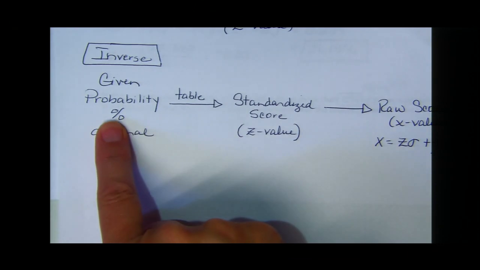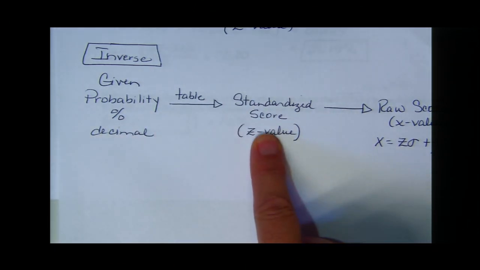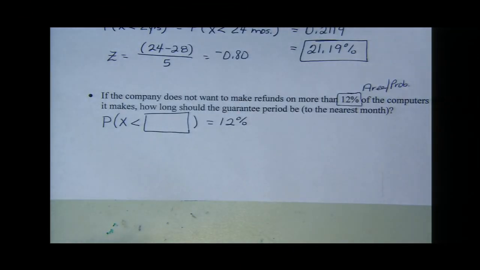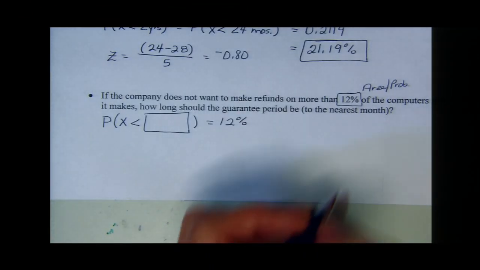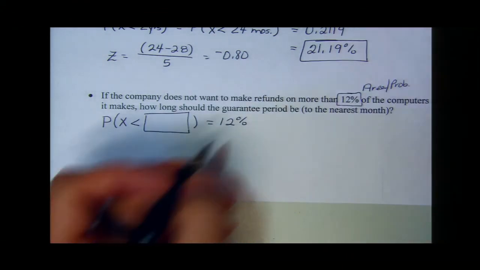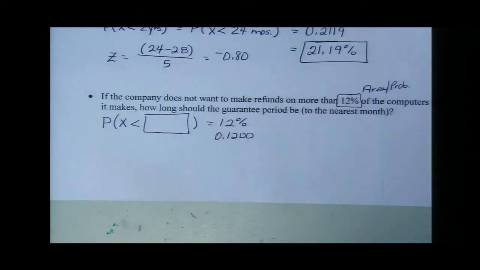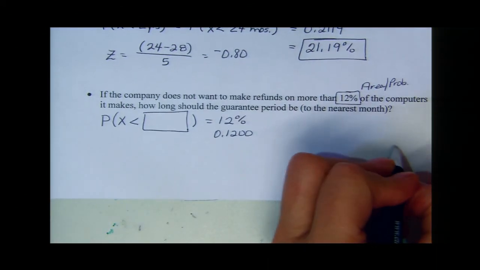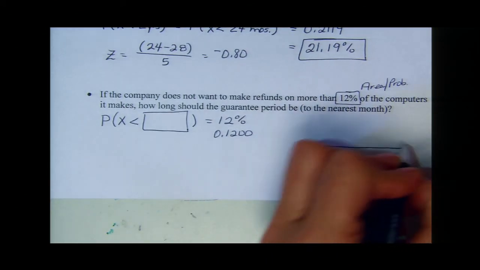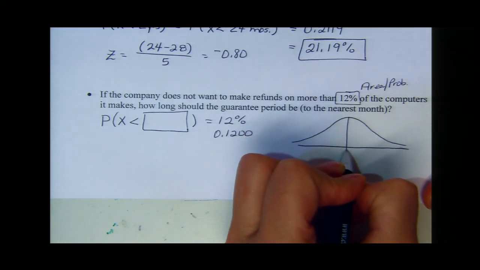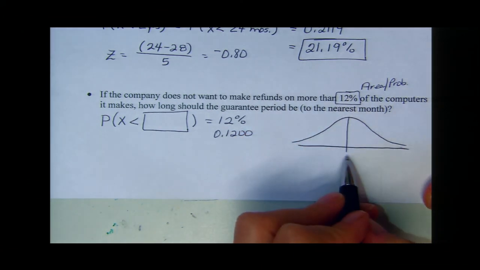So now they give me the area, so now we're doing this backwards, or in reverse. They give me the probability, I go to the table to find the Z value, then I substitute it into the formula to find the raw score. So what we've got to do is find the Z value, and I'm going to be looking for 0.1200. Now, if you have trouble knowing if this is a positive or a negative z-value, here would be mu.